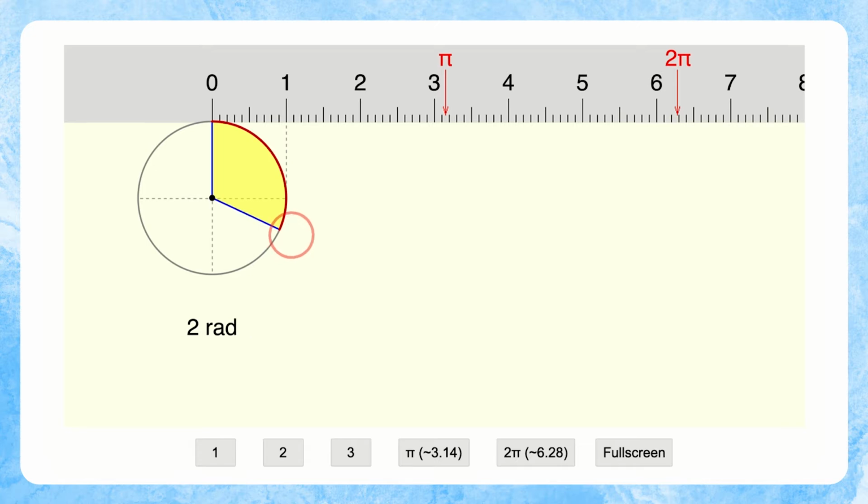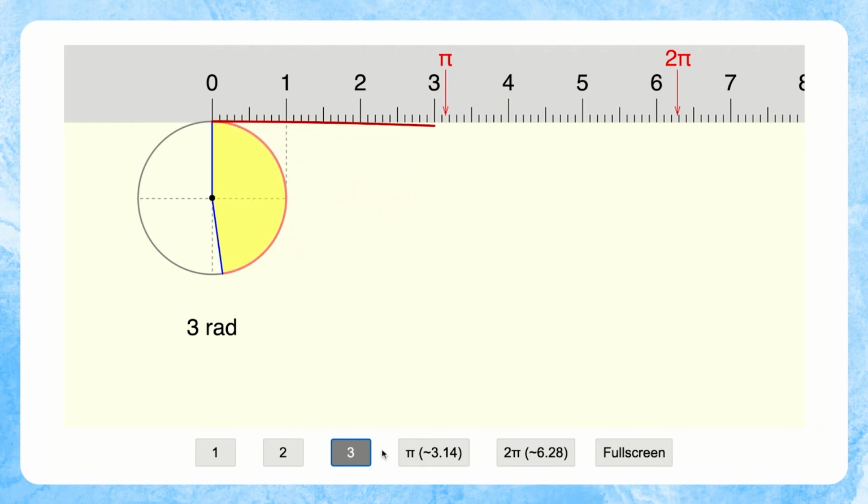What if we make it 2 radians? So this is the length of 2 radiuses or radii. What about 3 radians? Notice how it almost wraps around half of a circle, but not quite. This is where the idea of pi comes from.